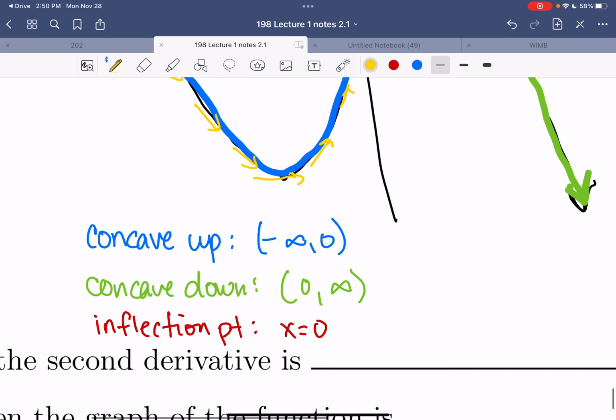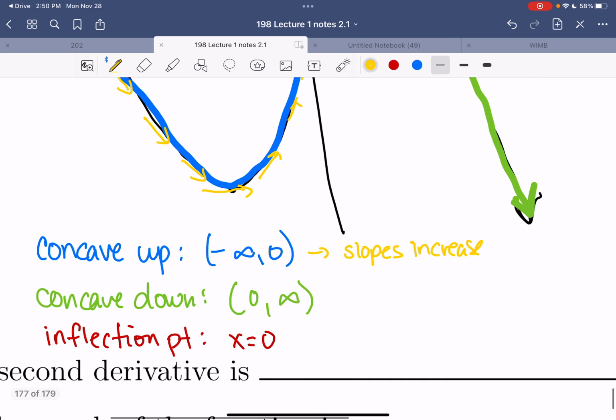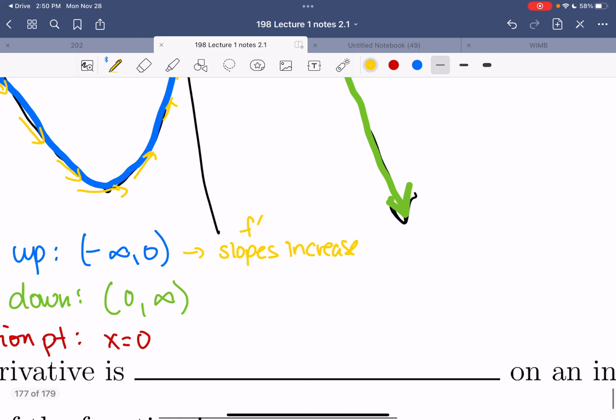Okay, so if my slopes are increasing while I'm concave up, slopes represent your first derivative. And if your slopes are increasing, that's going to tell you that your second derivative is positive.